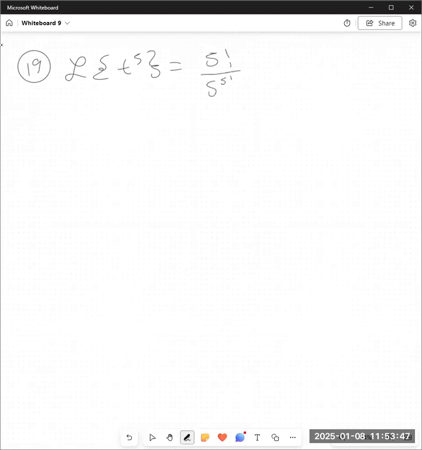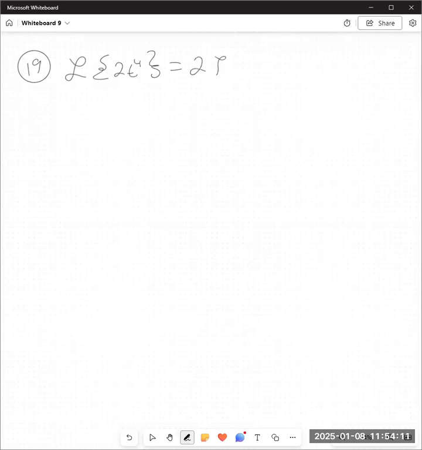And it asks us to find the Laplace transform of t to the fifth. So that's going to be 5 factorial over s to the 5 plus 1. So 5 factorial is going to be... I'm sorry, I wrote the wrong one down. Let's try again. 2t to the fourth.